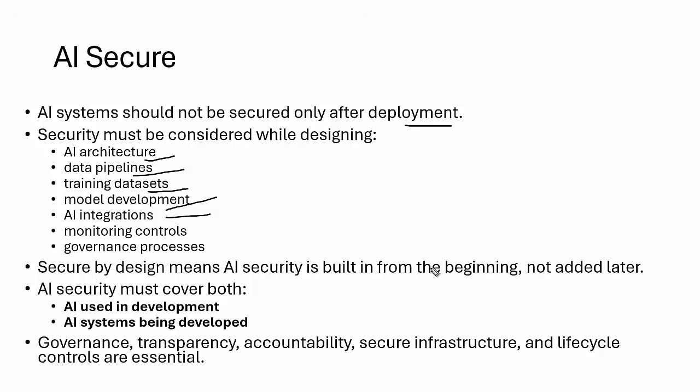And when you talk about AI security, you must cover both AI used in development and the AI system being developed. So both security aspects we have to check. During development, how are we adding security, and if we develop it further, how can we add security? Governance, transparency, accountability, secure infrastructure, and life cycle control are essential for AI secure by design.